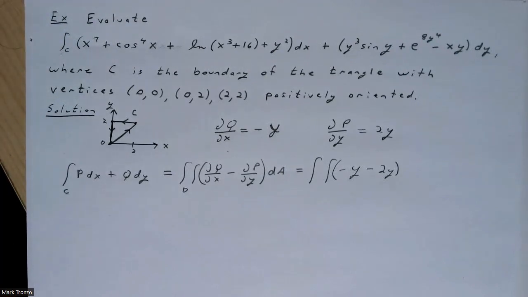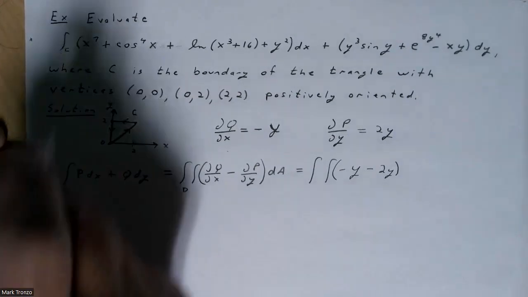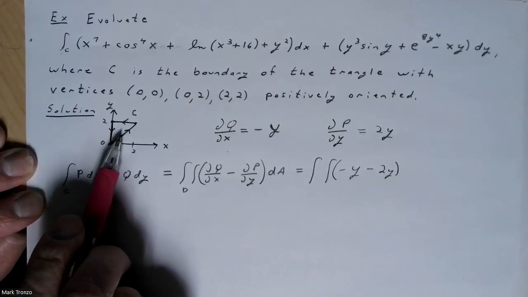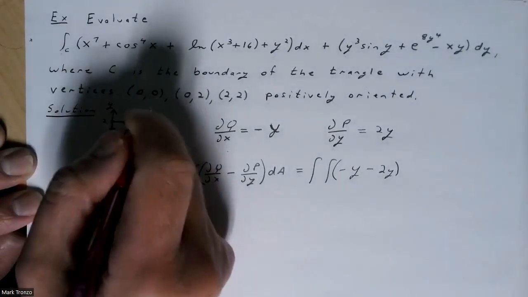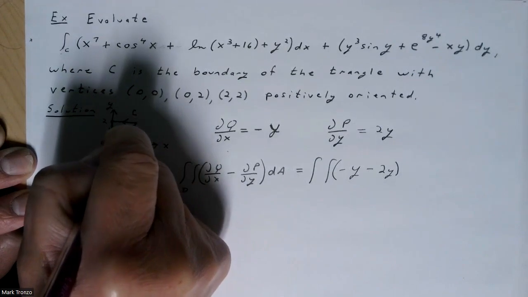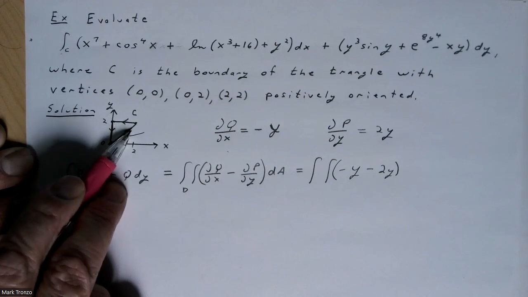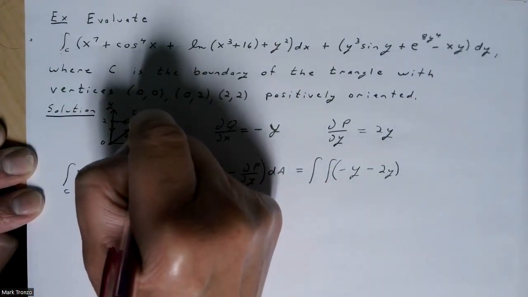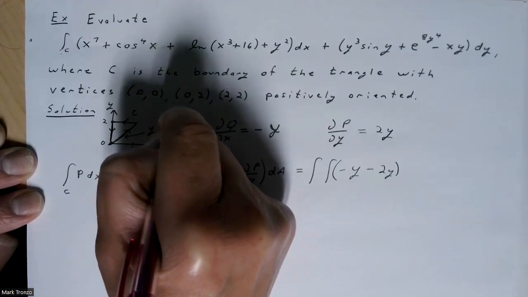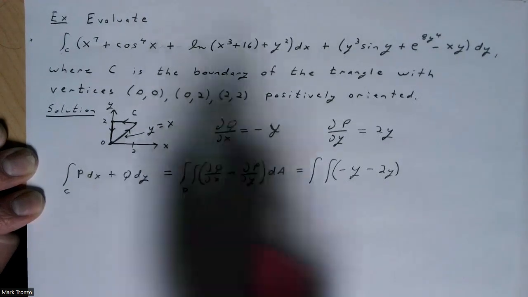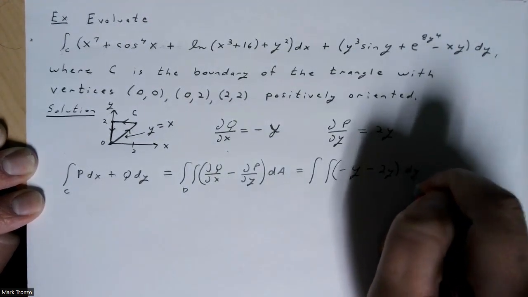And now we're going to do the double integral over this domain that was enclosed in our curve. So we're going to need some equations of these lines. Of course, the equation of this line right here starts at 0, so its y-intercept is 0. And it looks like the slope is 2 up and 2 over, or 1. So y equals x is going to be the equation of this line. And let's say we integrate with respect to y first.